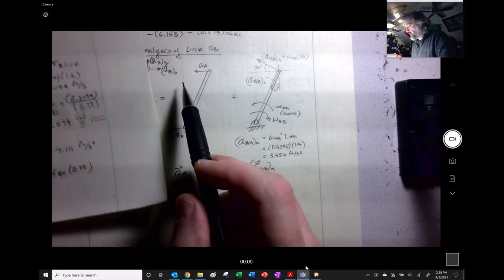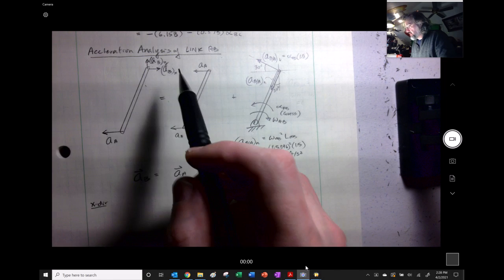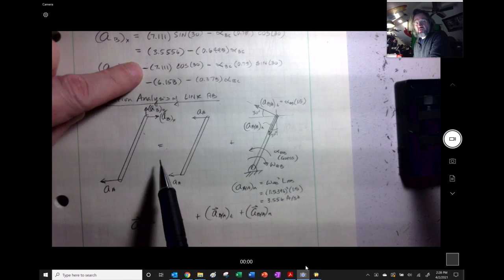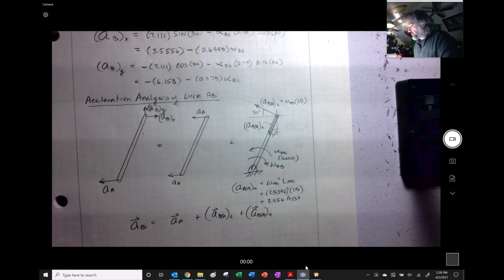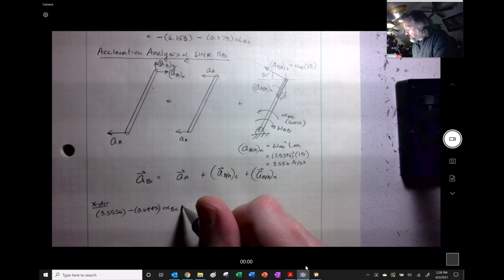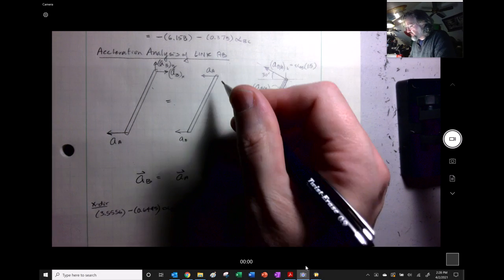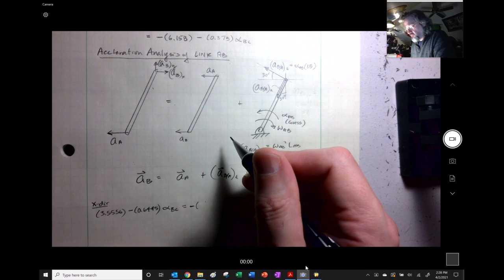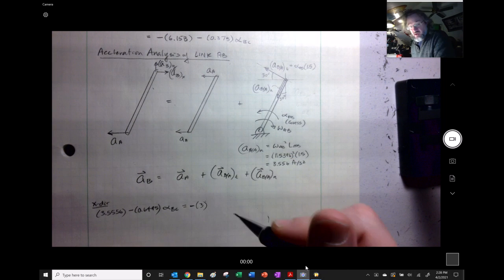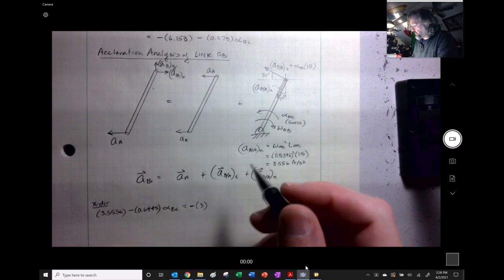And in the X direction, it's right up here, we take this equation. 3.5556, don't know why we did that many sig figs, minus 0.6495 alpha BC is equal to negative acceleration of A, which was given to us, right? And that should be negative 3 in the x direction. It's going left.